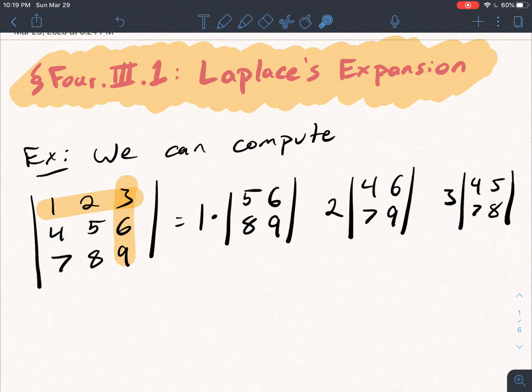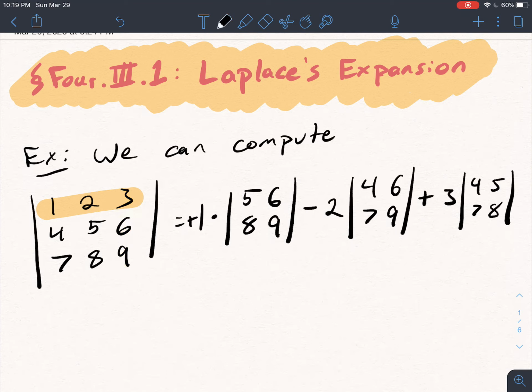Okay, so I have these 3 terms right here, and what I do is I'm going to take an alternating sum of these. So I do positive 1 times this thing, subtract the second one, and then add the third one, and then if this were like a 5 by 5, then I would subtract the fourth one and add the fifth one. Hopefully you get the picture.